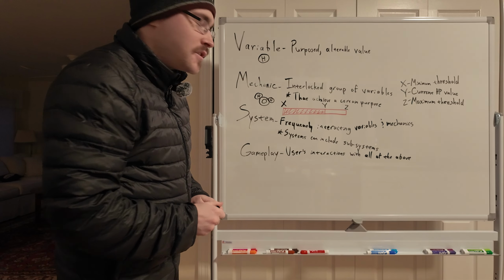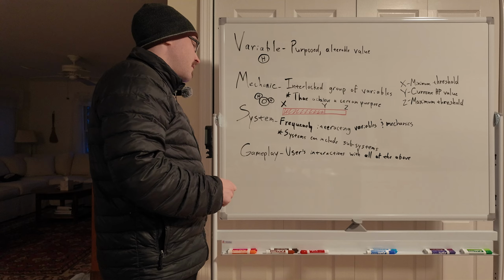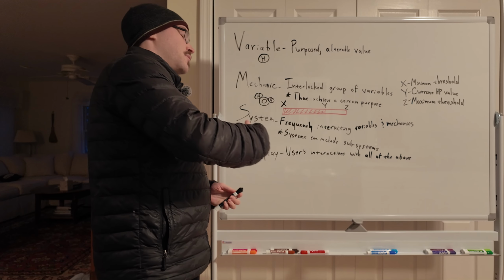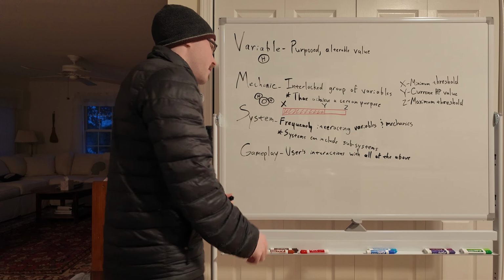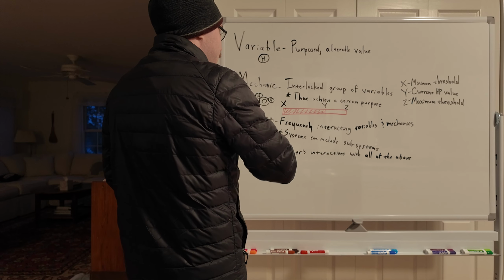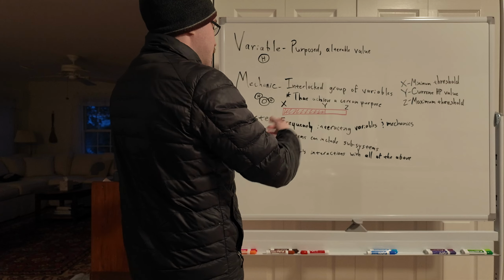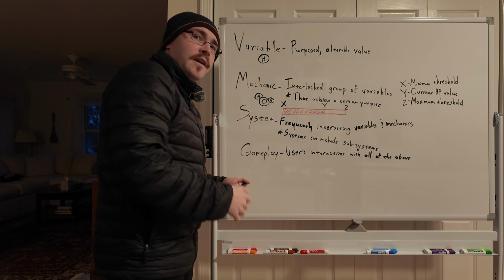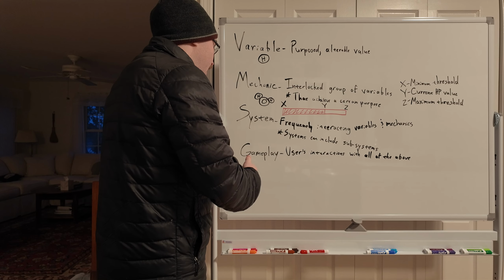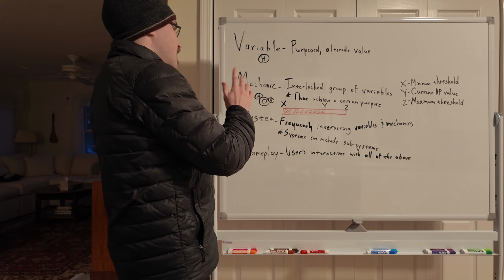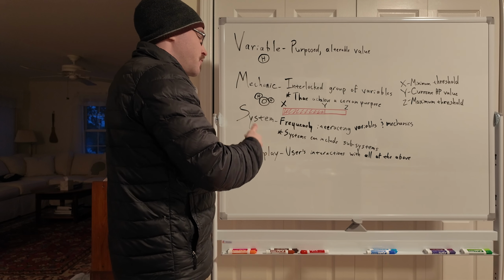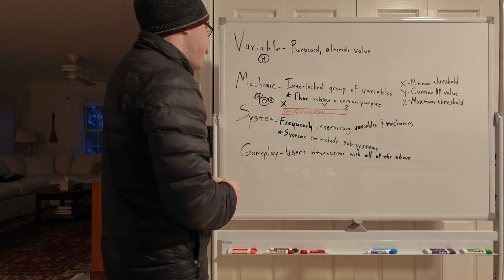Now, the healing potion is also, of course, a system because it is a separate item that has a separate variable attached to it, which is your percent health. And then that system of health takes the healing, takes the potion, takes the health bar, and it combines them. And all of that is gameplay. That is the character, or the player, you, making a conscious decision to do all of these things.